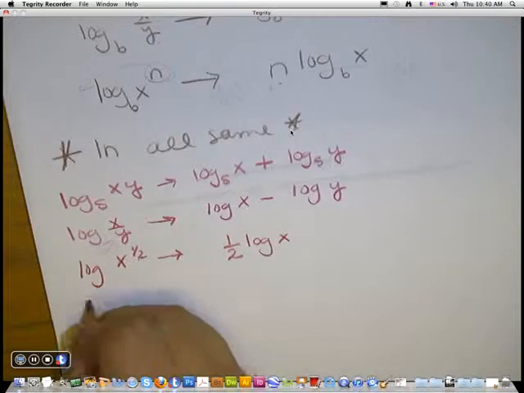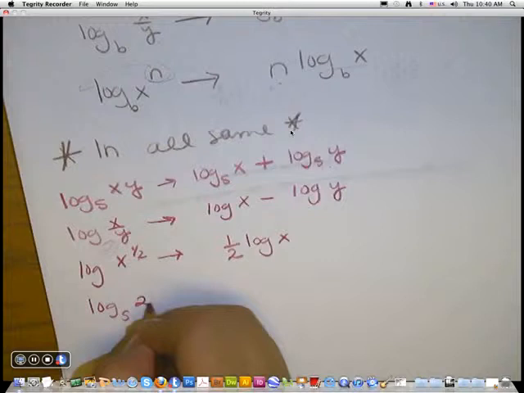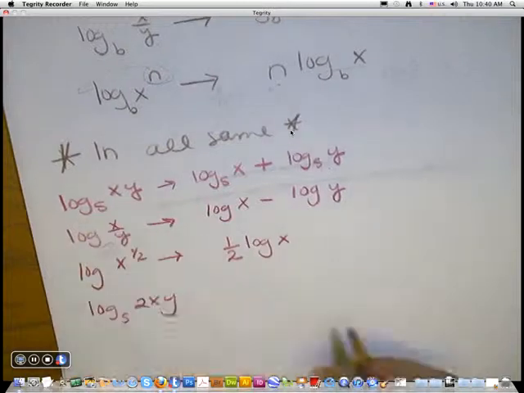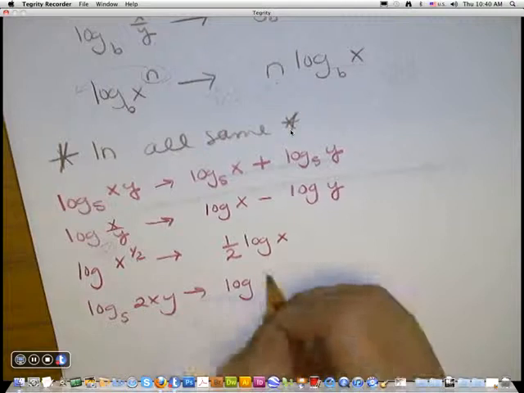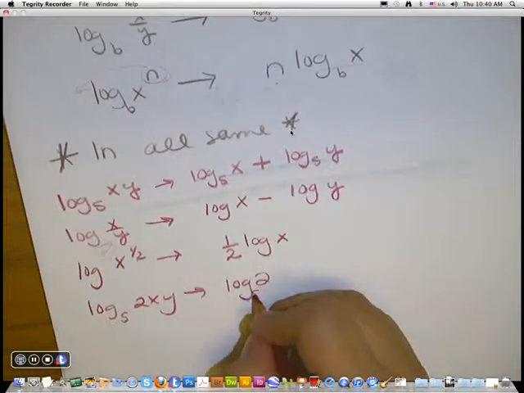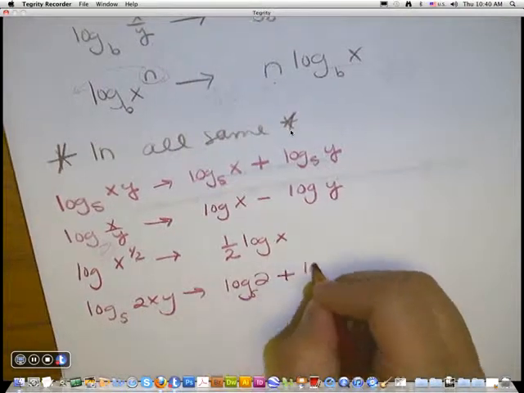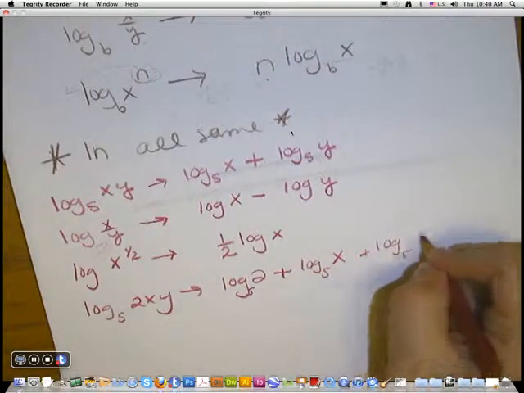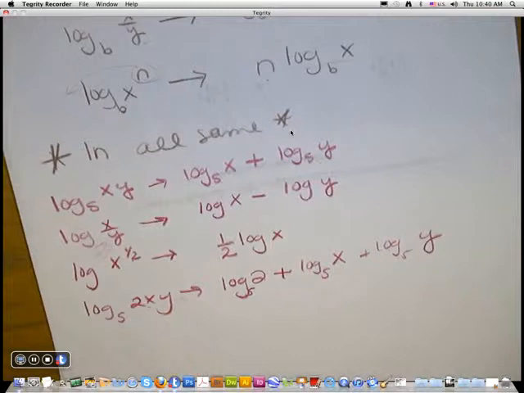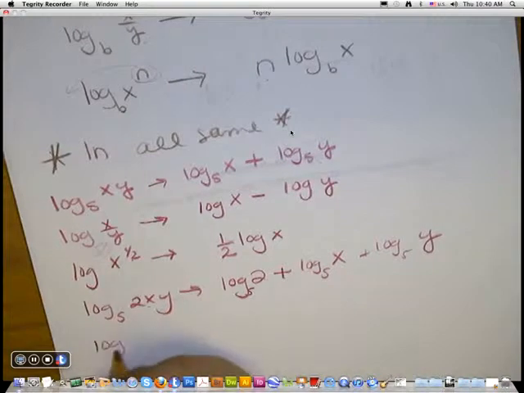When we have more than two of what we had, it doesn't change. We just have more plus signs in this case because it's log base 5 of 2 plus log base 5 of x plus log base 5 of y. We just separate out more things. Same thing happens when we have division.